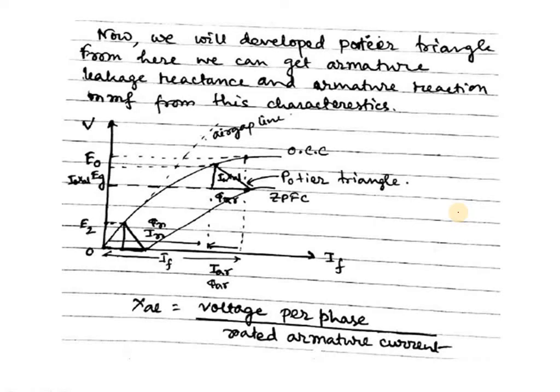Now we will develop the Potier triangle. From here we can get the armature leakage reactance and armature reaction from these characteristics.